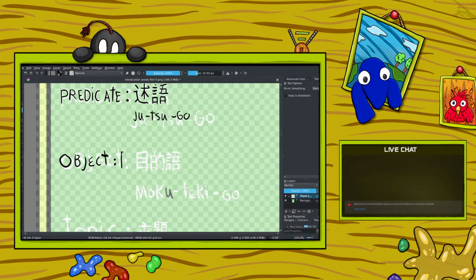Which is then of course 1, 2, 3 stripes, mok, and then this is teki, and then let's go.